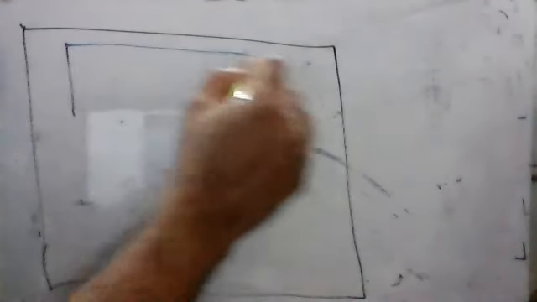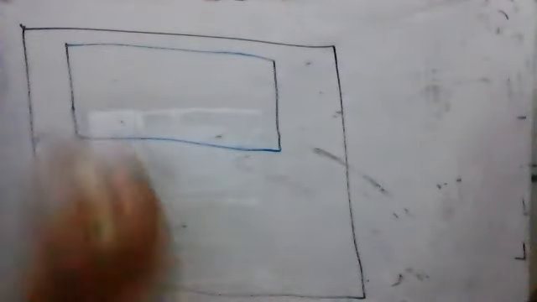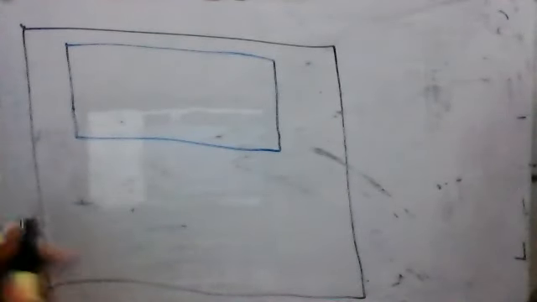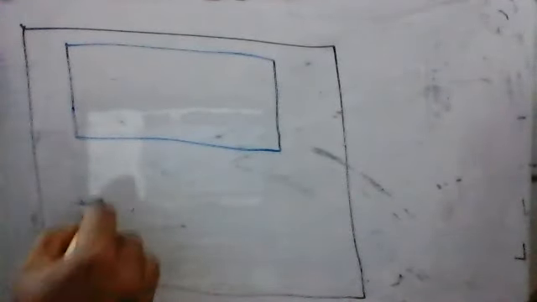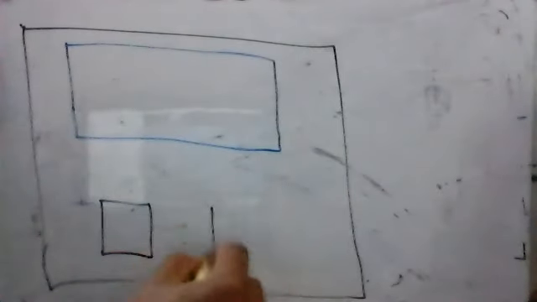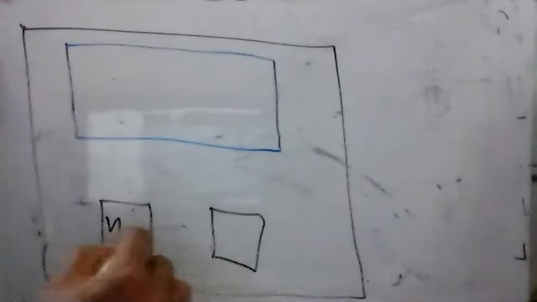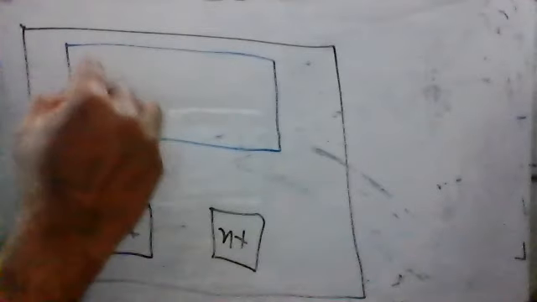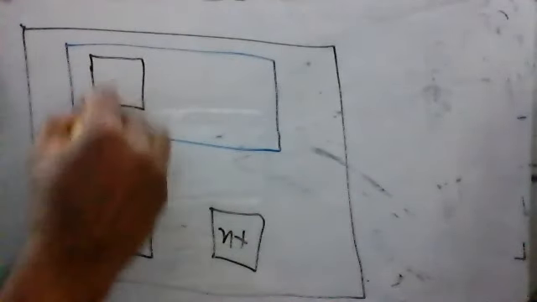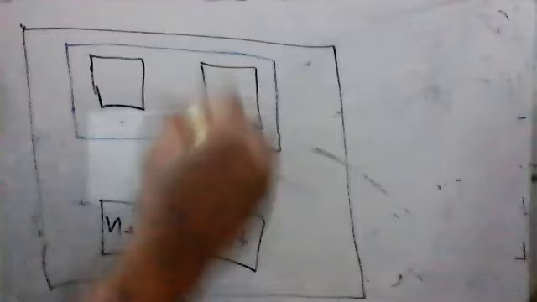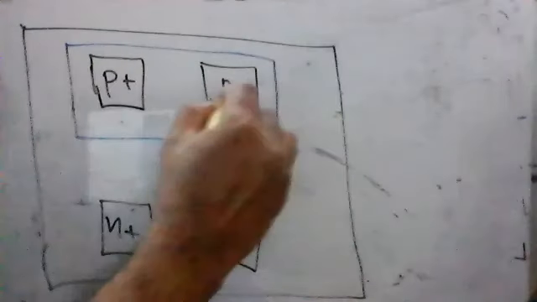Let's say we take this whole thing here, and we'll make an N-well here, and we'll put an N type here, N plus and N plus, and make two P plus here, P plus and P plus.